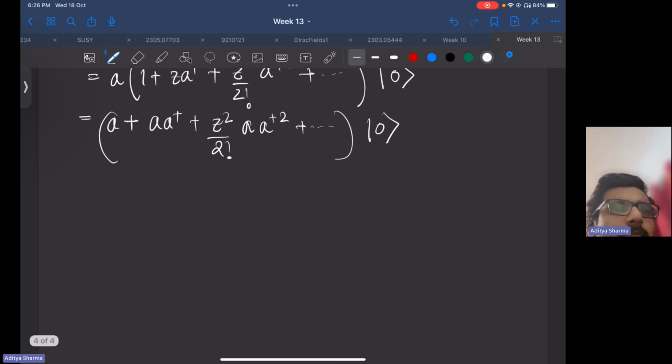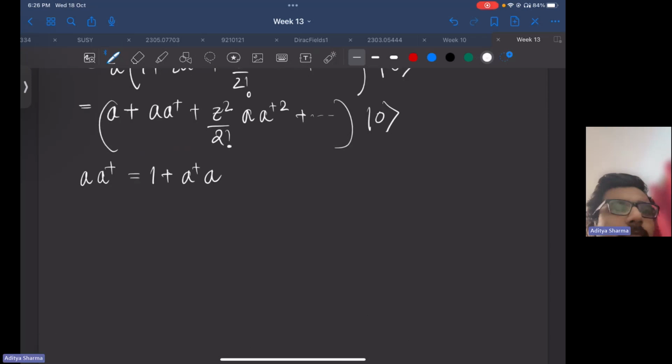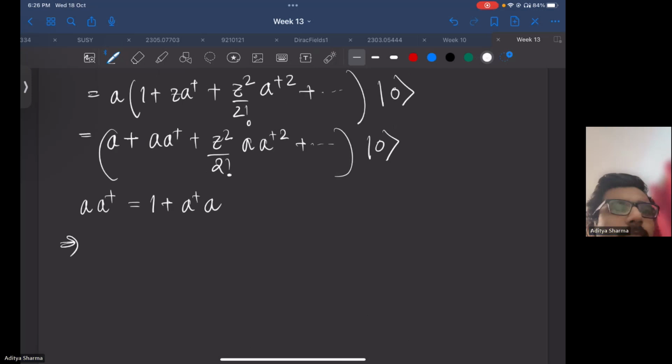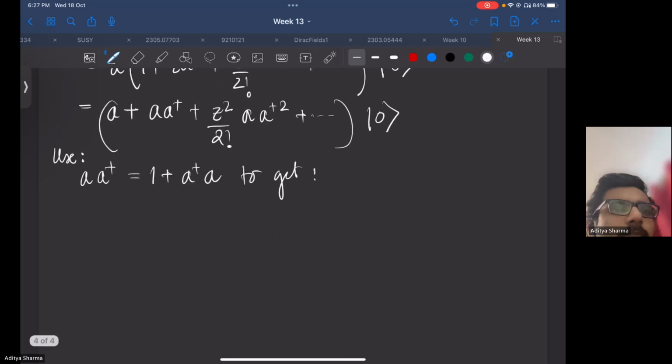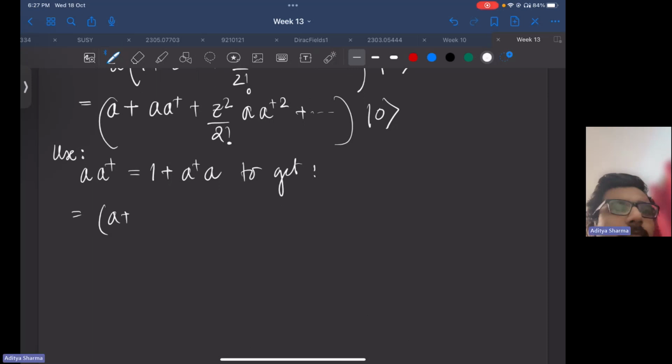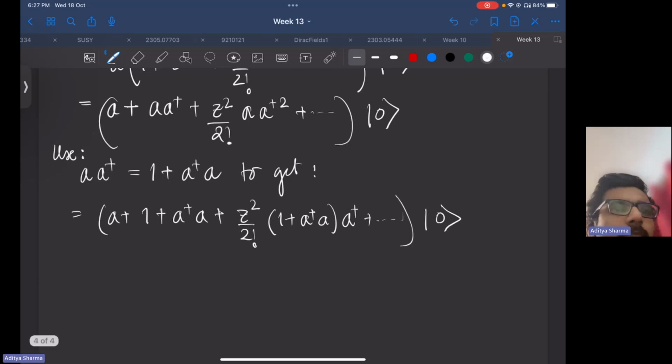Now we are going to apply the commutation relation, which is A A dagger is equal to 1 plus A dagger A, which says that, use that, A plus 1 plus A dagger A plus Z square by 2 factorial, 1 plus A dagger A dagger plus dot dot dot acting on 0.